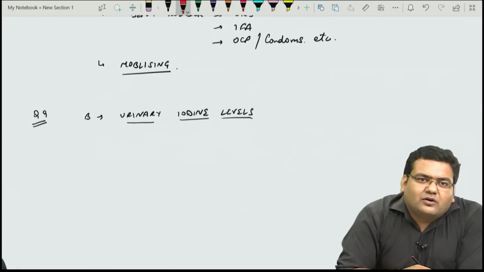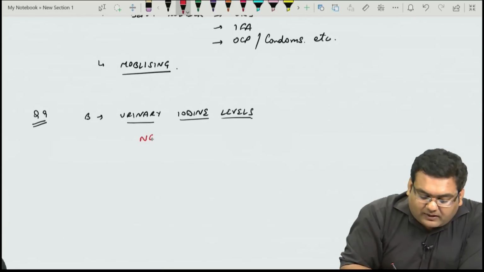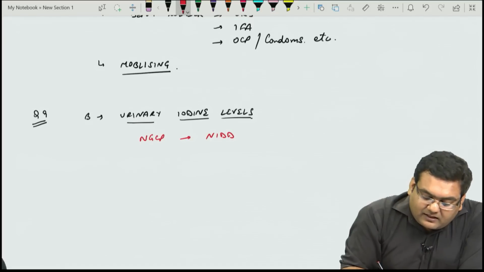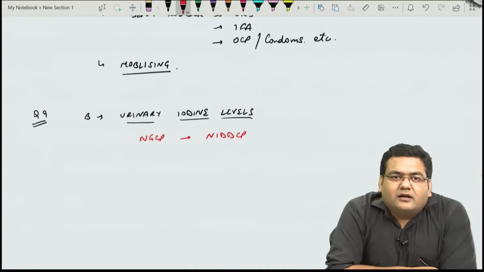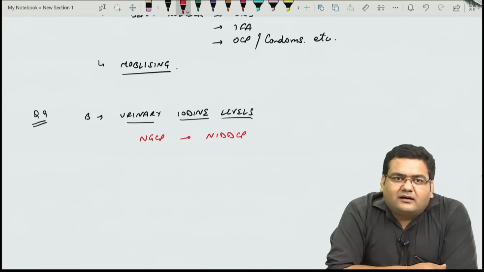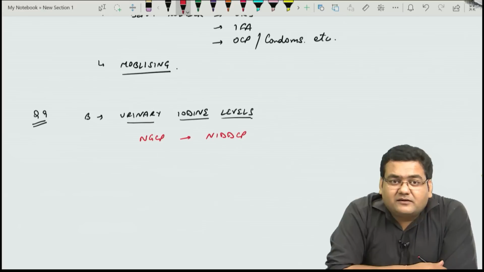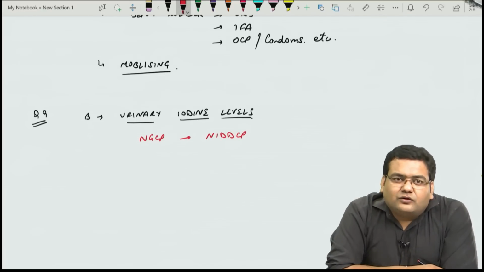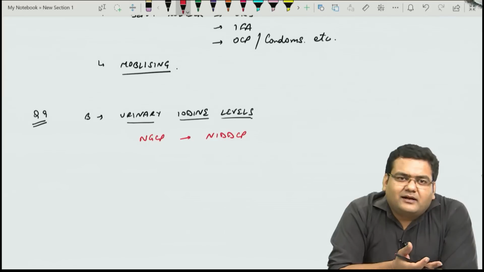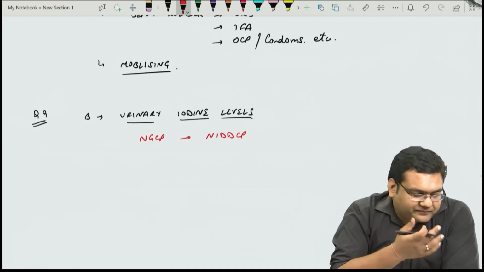Initially it was called National Goiter Control Program, which was labeled as National Iodine Deficiency Disorder Control Program in the wake of more findings that less of iodine supplementation not only leads to goiter but also various other manifestations like mental retardation, skeletal abnormalities, etc.